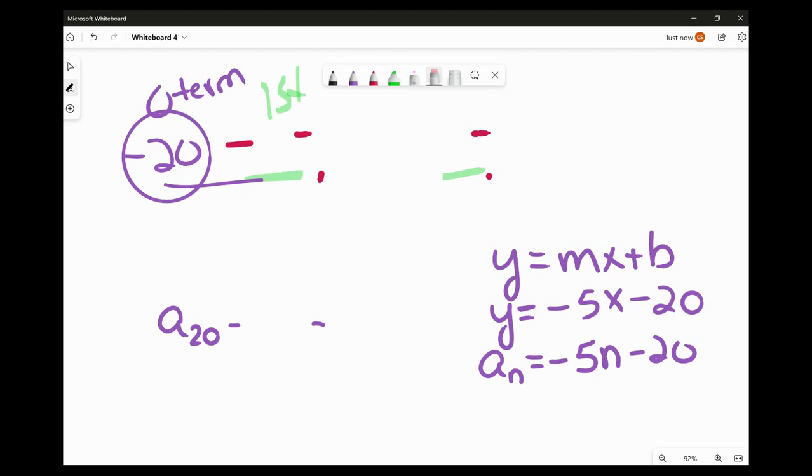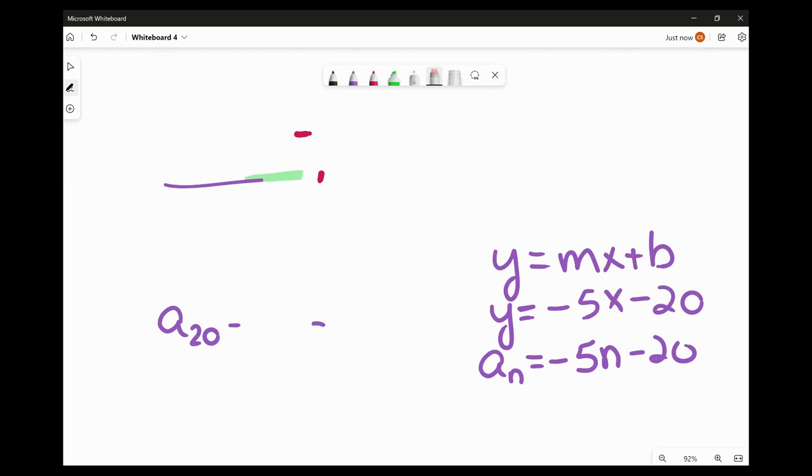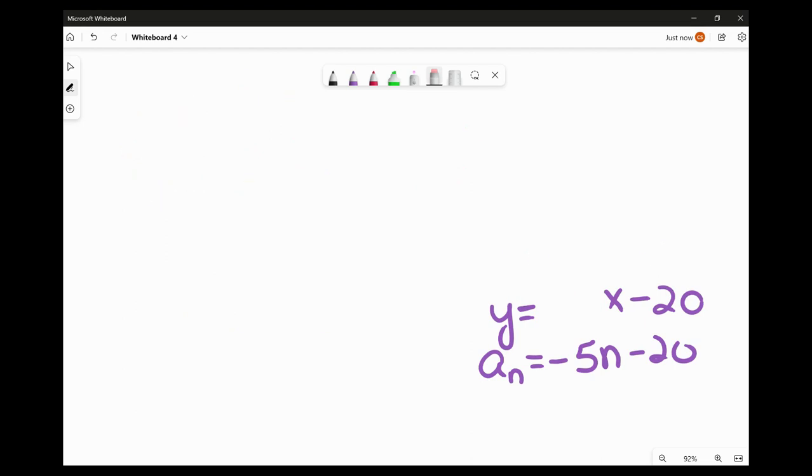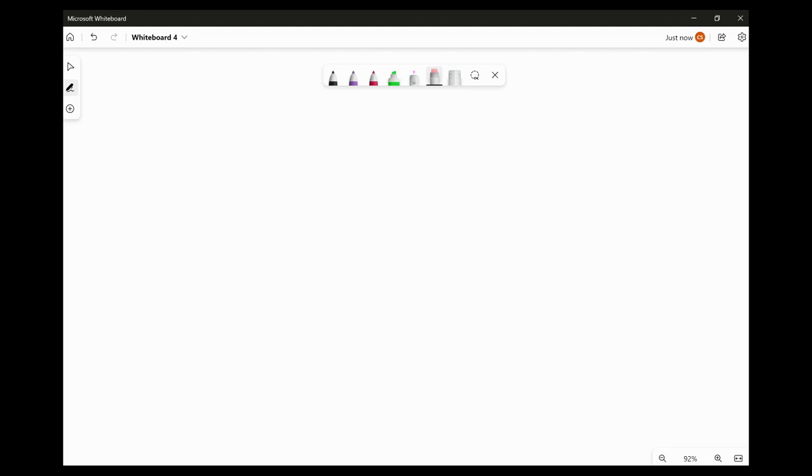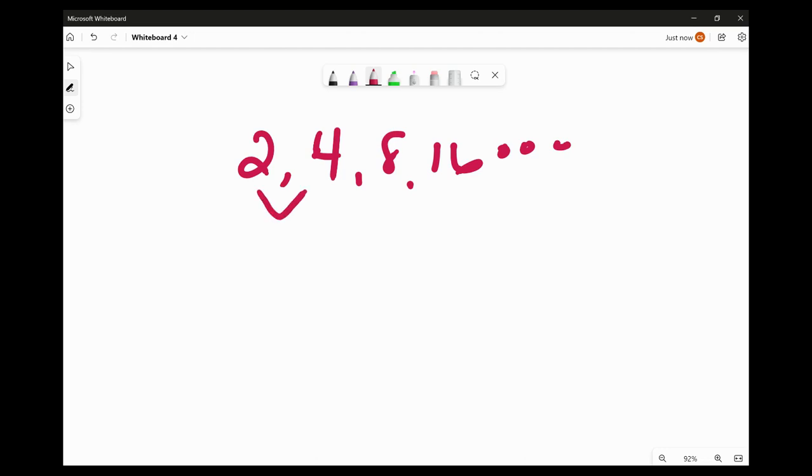Now, I'm just going to point out really quickly that there are other types of sequences. You might have something like this. Clearly, there's a pattern happening here. But if you take a look, we're not adding the same amount every time. What's happening is we're multiplying by 2.